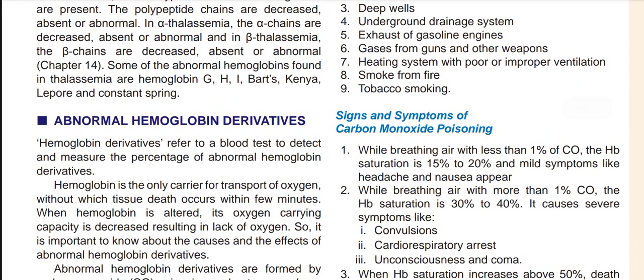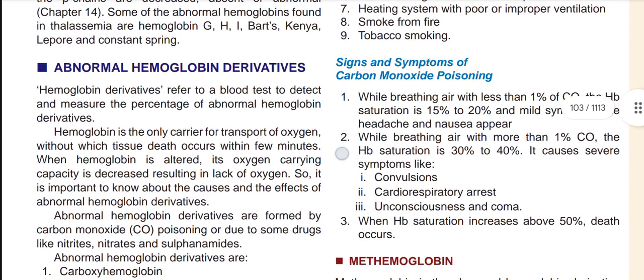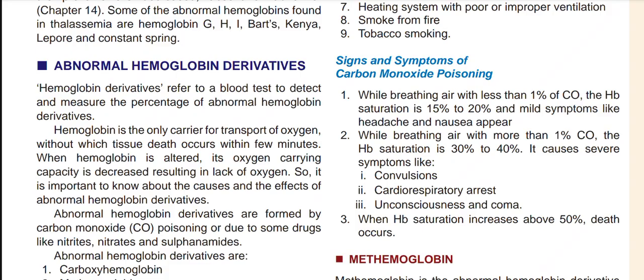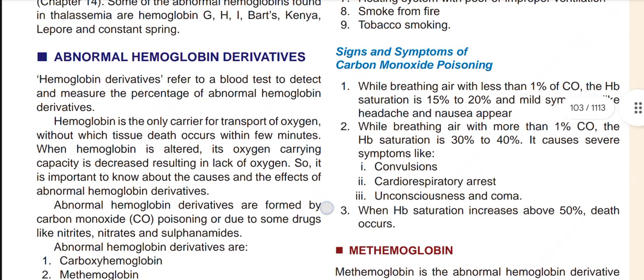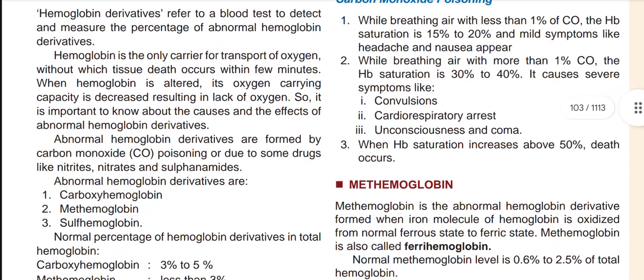Now, abnormal hemoglobin derivatives. Hemoglobin derivatives refer to a blood test to detect and measure the percentage of abnormal hemoglobin derivatives. Hemoglobin is the only carrier for transport of oxygen, without which tissue death occurs within a few minutes. When hemoglobin is altered, its oxygen carrying capacity is decreased, resulting in lack of oxygen.